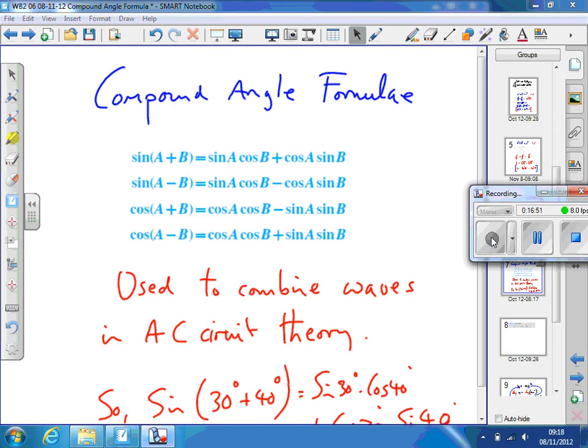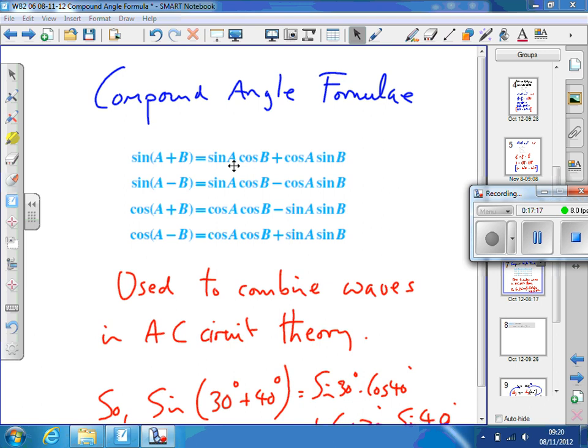So, compound angle formulae on your list of identities: we've got the first 5 that we wrote down. Now you've just written down those other 3 identities. Here are 4 more called the compound angle formulae. So if you can put these underneath with it. Because of time, more than anything else, and also because it's not really necessary, I'm not going to go through the proof of these things, but I have put a proof on the site.